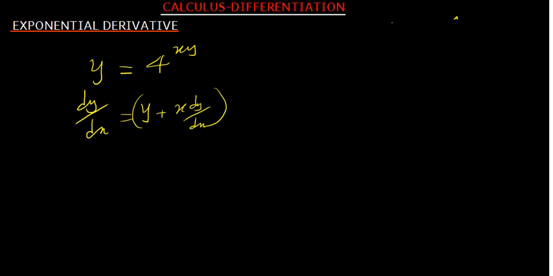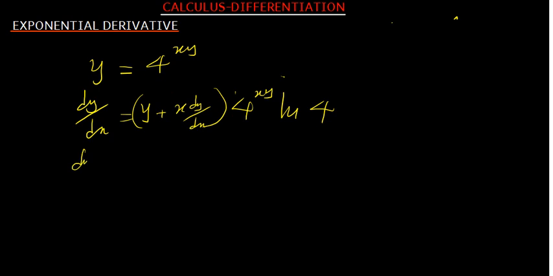so what do we have now? We are going to write 4 to the power xy the same way it is, and then we take the natural log of the base. Now the base is 4. At this point we want to expand, so that the portion which has dy over dx goes to the other side. So we multiply this one portion with everything we can see in the brackets.